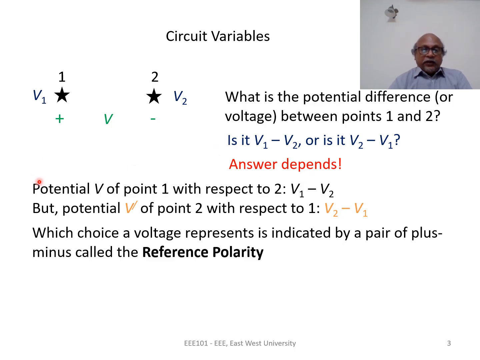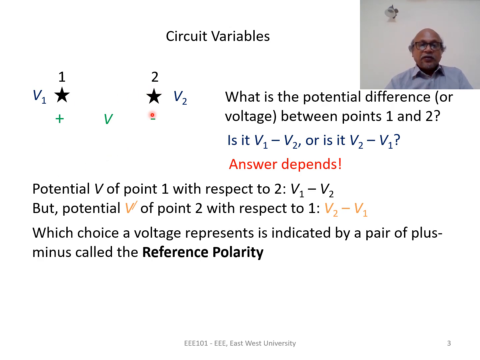To refer to the first situation, the potential of point 1 with respect to point 2, we will assign a plus sign to point 1 and minus sign at point 2. This minus sign tells us that point 2 is our reference and plus sign tells us we are finding the potential of point 1 with respect to 2.